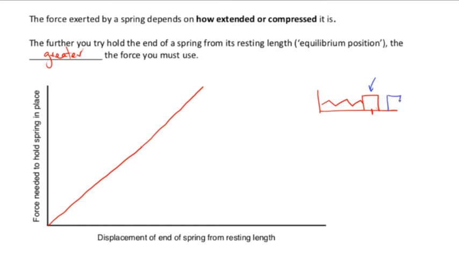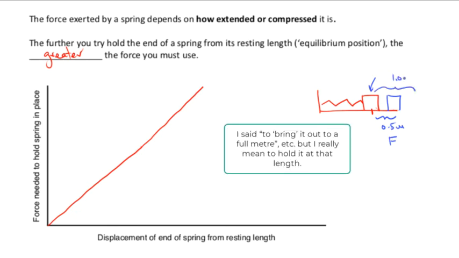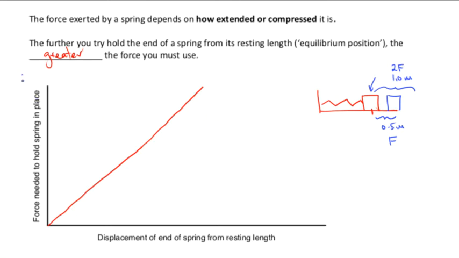If I wanted to bring it out here, let's say that distance was 0.5 meters, and that took a force of F, then to bring it out to a full meter would take a force of 2 times that force, and to bring it out to 1.5 would take 3 times that force, etc. Introducing some symbols, if I call the force required to hold this spring at a given length F, and I call the displacement from the resting length delta x, we see that F is proportional to, that's what that sign means, delta x.